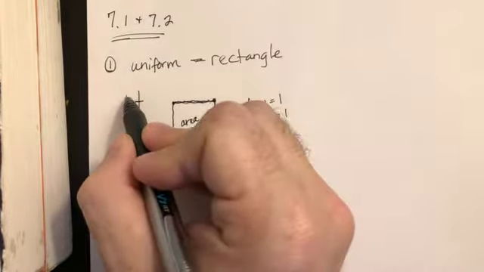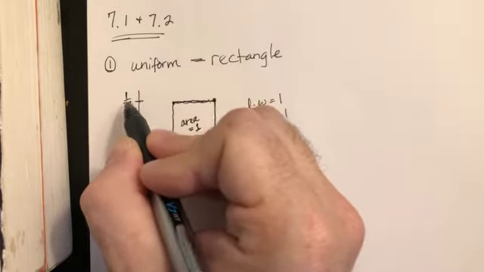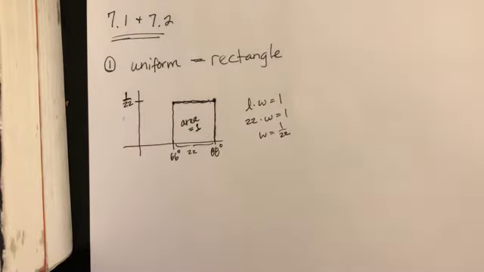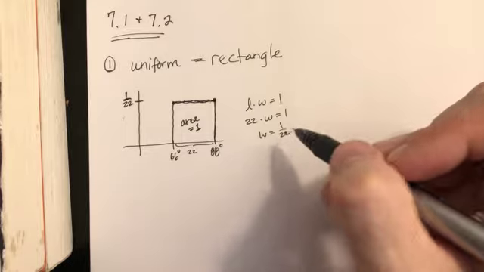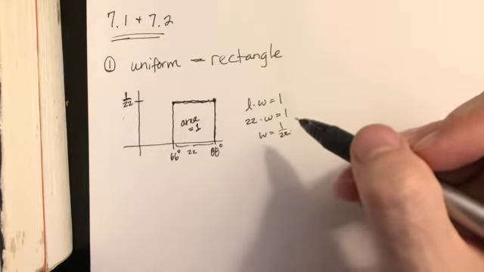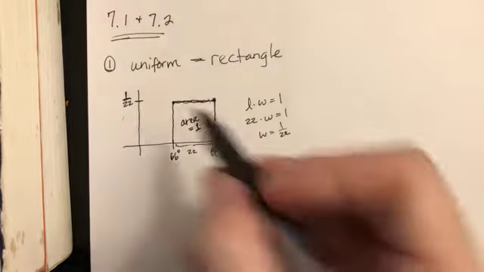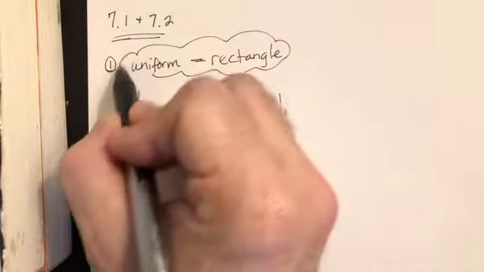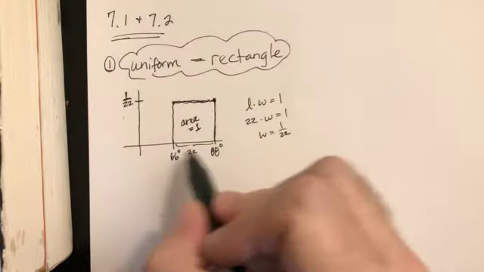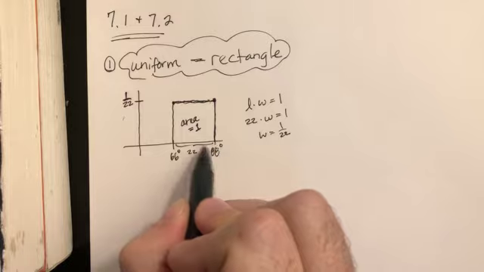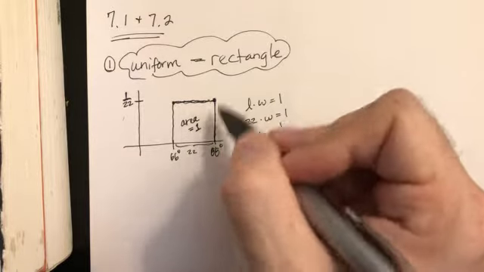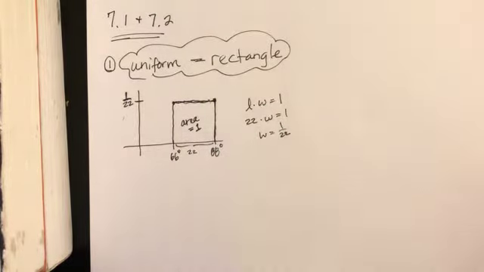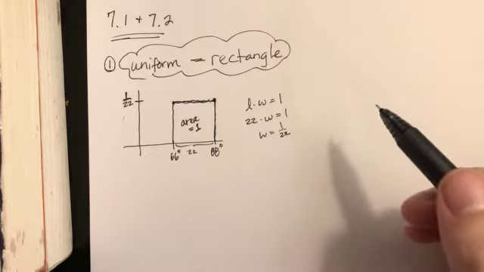That's what he is up here, 1 over 22. You could find out what that decimal is if you want, but I'm going to leave it as a fraction. Okay, so uniform means draw a rectangle, and you know how far to draw it left to right. You just need to figure out what the height is. And none of this is to scale. It's just to give you an idea of what was going on.